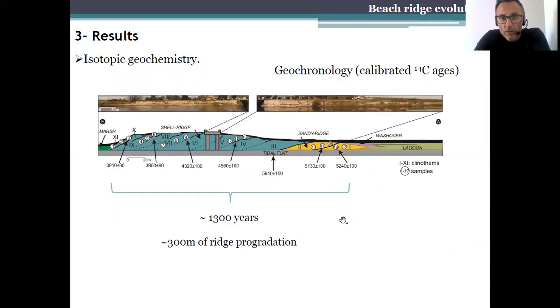This method allowed us to obtain a very constrained age of the ridge: the tidal flat was deposited near 6 kilo-years, and all the ridge progradation was between 5.2 and 3.9 kilo-years. This represents that in roughly 1,300 years, we have 300 meters of ridge progradation.